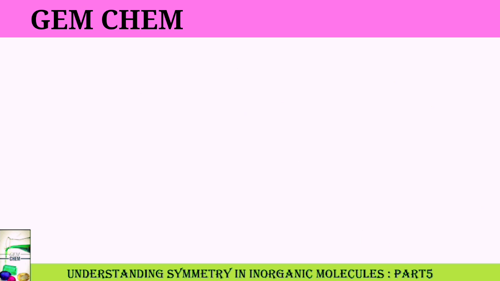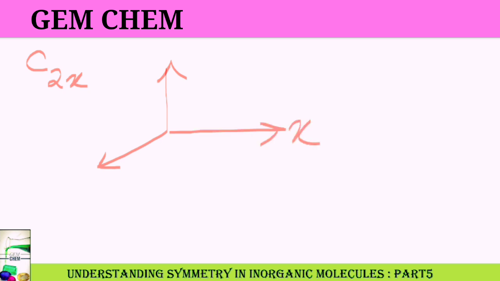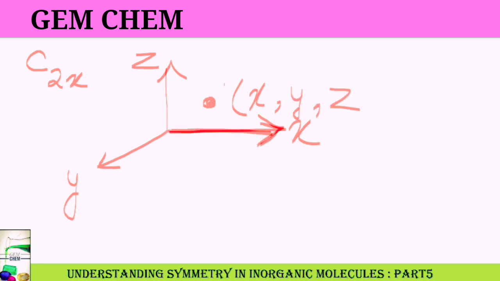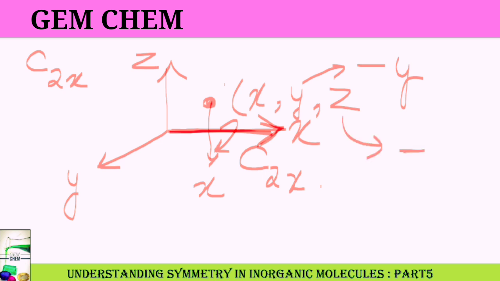Now the second one is another symmetry element, that is C2x. Now this is your coordinate axes. This is x, this is y, and this is z. Now you have here an object which has a coordinate of x, y and z. Now when you rotate along this axis C2x, your x remains as it is, but your y coordinate becomes the opposite one, that is minus y, and your z coordinate becomes minus z.